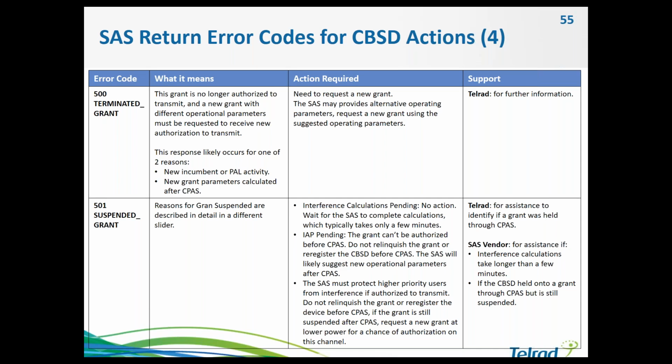Okay, and 501 is suspended grant. Suspended grant means that temporarily you need to stop transmission, maybe because they are doing the calculation or they are doing the EIRP pending, which is part of the CPAS. Remember that the SAS protects the high priority users. What you can do is reduce the power, move the channel, or wait to receive the grant.